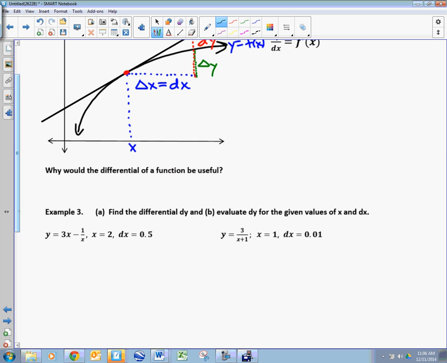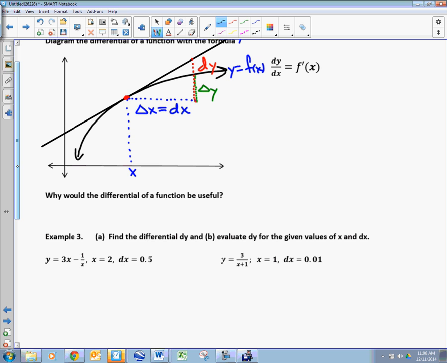So, the differential we will refer to as dy. Now, why is this valuable? Delta x is the same as dx, but dy is not the same as delta y. But within close intervals, dy approximates delta y.